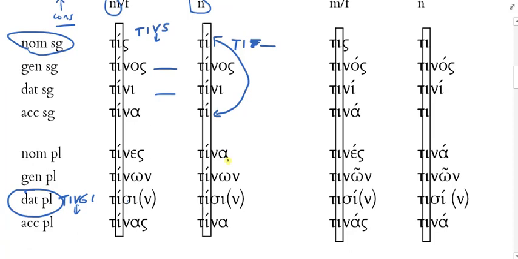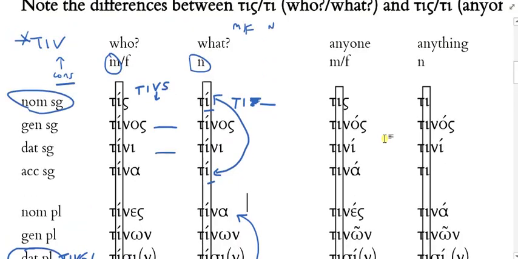And then over here, we get the alpha, which you already knew about, the on. Tinsi becomes tissi, just as we saw here, and then back to tina. So the only place where we have anything that's really sort of out of the ordinary then is that form there.